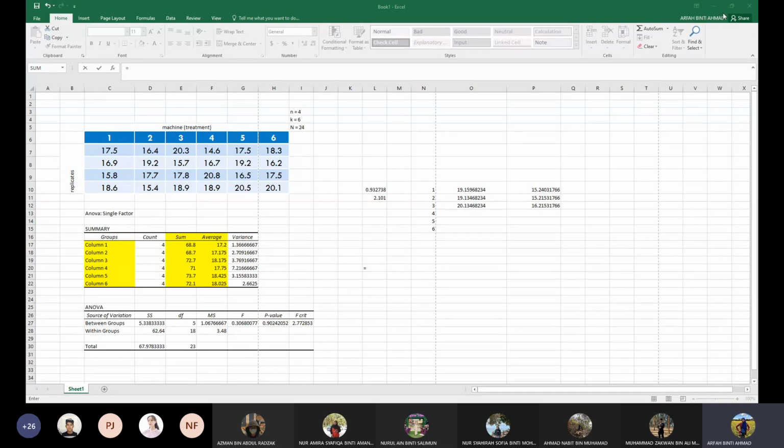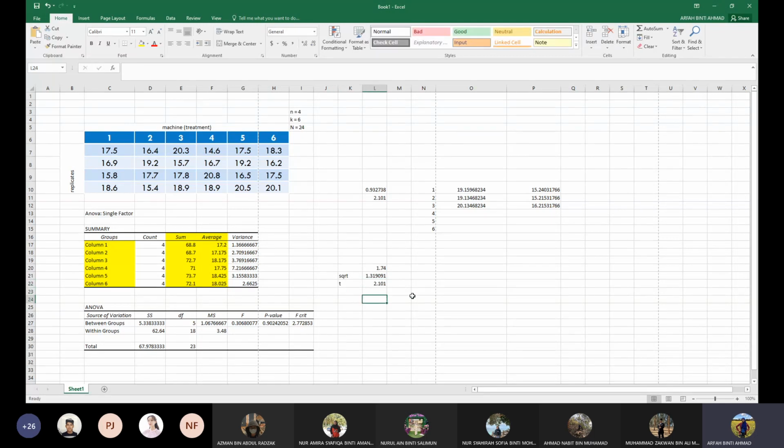2 darab MSE, double kurungan 2 darab MSE is this one. Dibahagikan dengan n kita berapa? 4. Okay. So dapat yang ini, 1.74. Square root, so saya ambil SQRT. T daripada table 2.101.